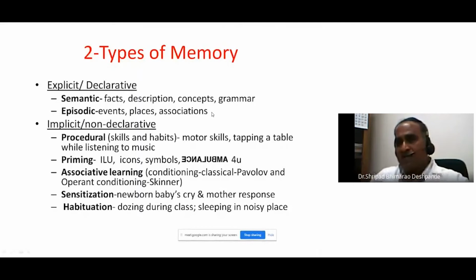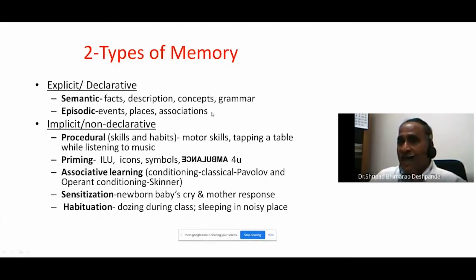Maybe tomorrow you would become a great surgeon, and that is the motor skill you develop, how to perform a particular surgery. You don't require explicit memory for developing a skill. Carpenters and masons who build these structures may not have that explicit memory, but their procedural memory is very powerful.